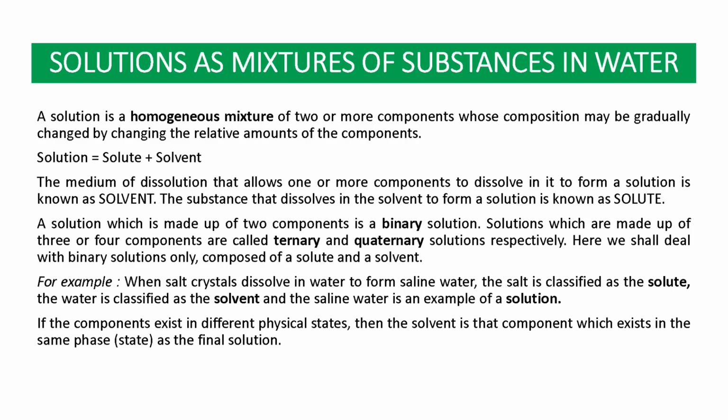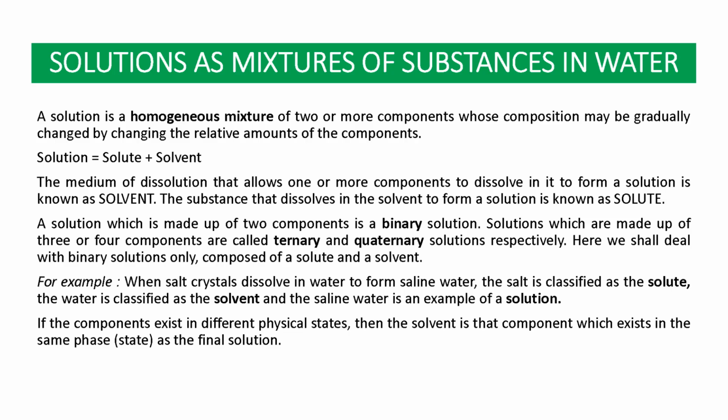There are two components in a solution, solute and solvent. The substance that dissolves in the solvent is the solute, and the solvent is the one in which the substance is dissolved.